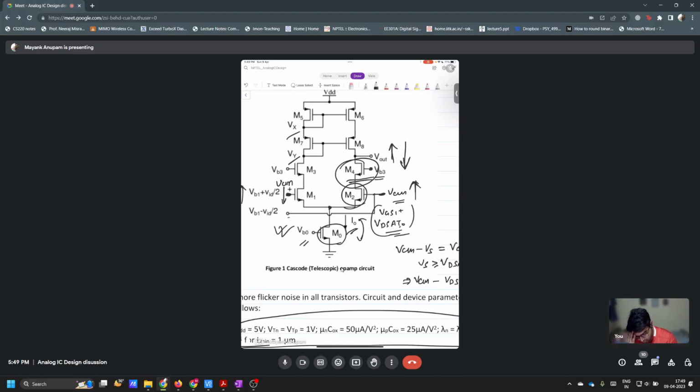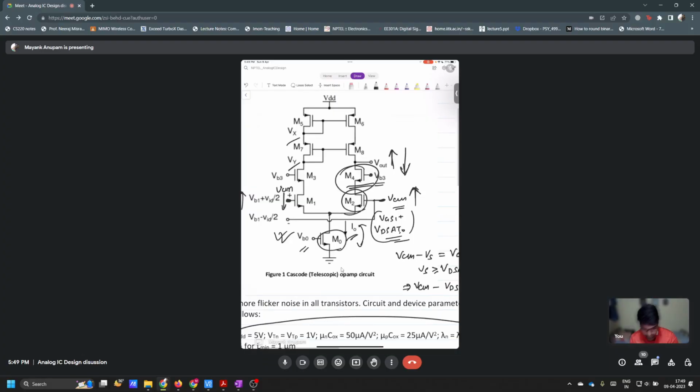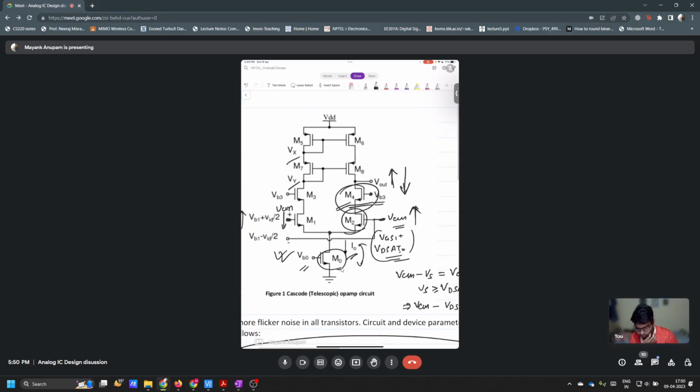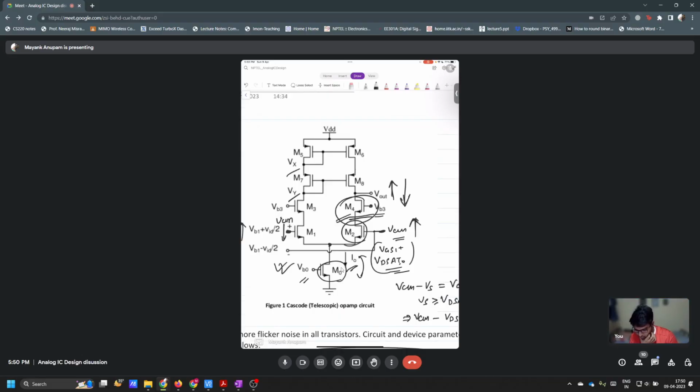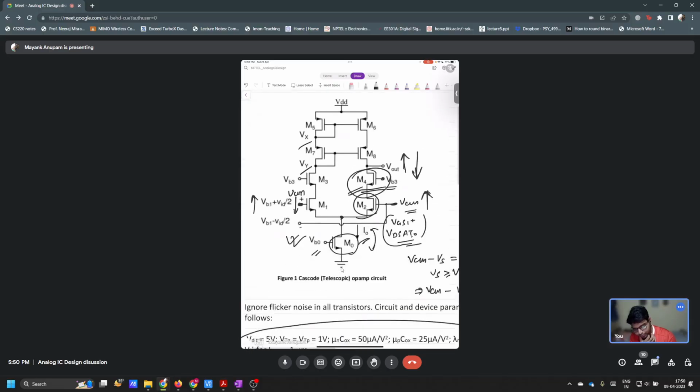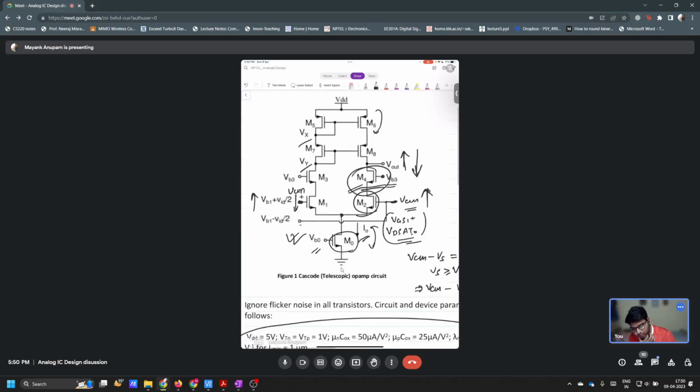Here the output swing will be skewed. It is limited by the minimum. Sir, above, V out equals VDD minus VDSAT6 minus VDSAT8. Correct. But here, basically there will be only two transistors at the top, but at the bottom we have three transistors. So clearly it is skewed.